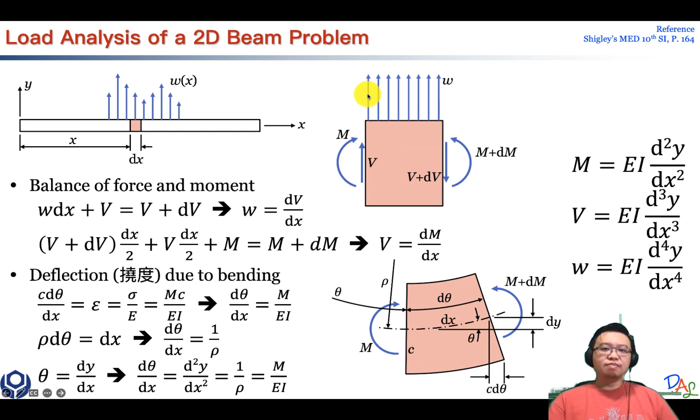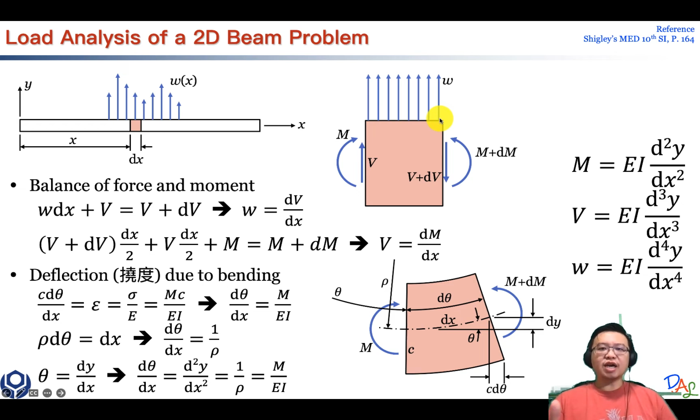The unit of w is Newton per meter, so it's like a line force. It's not a pure force; it's how much force you have per unit length. So how do you calculate the total force? You just multiply by the width.